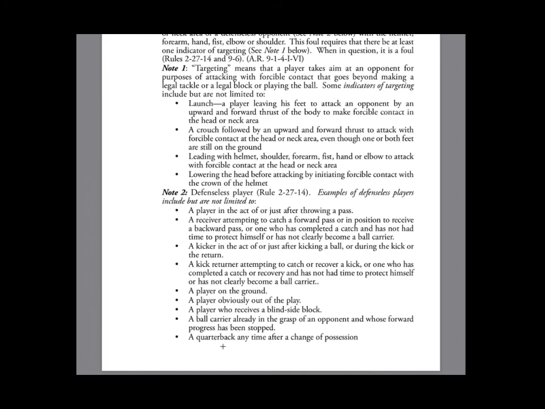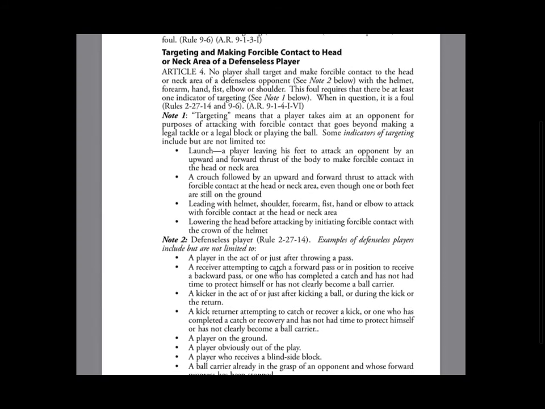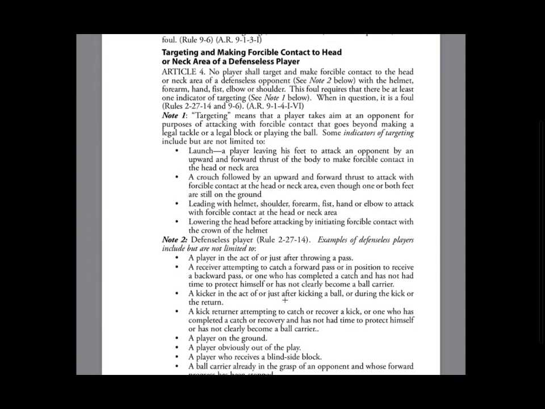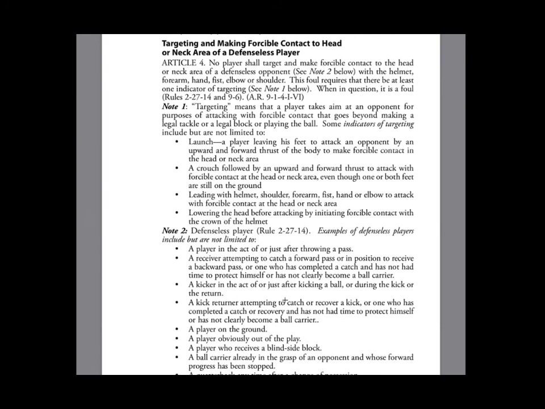It would also be a quarterback in a sliding posture, and that was added in 2017. So I encourage everyone to review the targeting rule under Rule 9.1.3 and 9.1.4. We're about to see an example of forcible contact with the crown of the helmet.